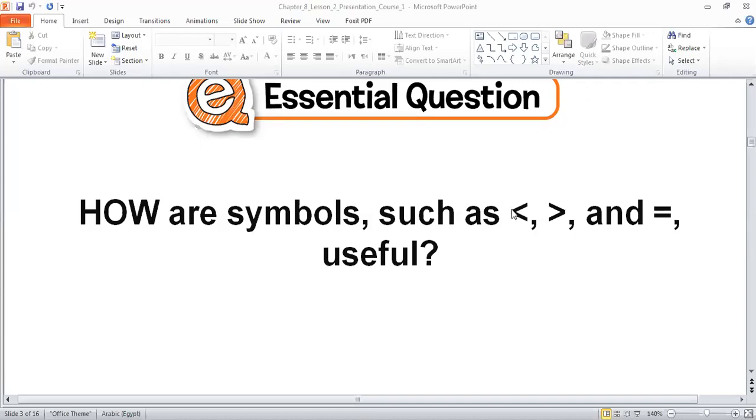The first one is less than. After that, greater than. After that, equal. Less than, greater than, and equal. They are useful.